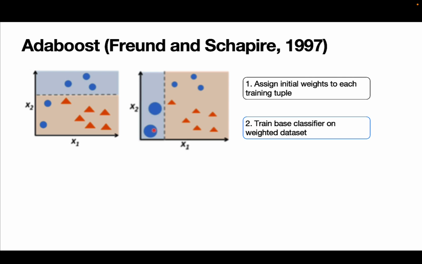It's important to note that each iteration can select a different feature. So the algorithm can pick a feature that best separates the weights in the training data at this stage.